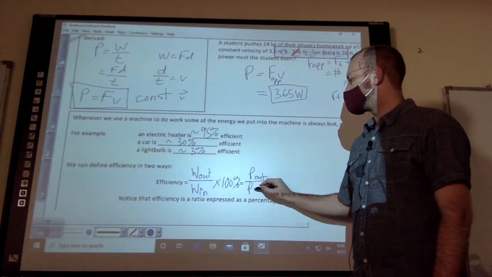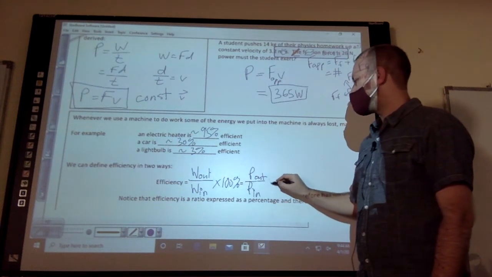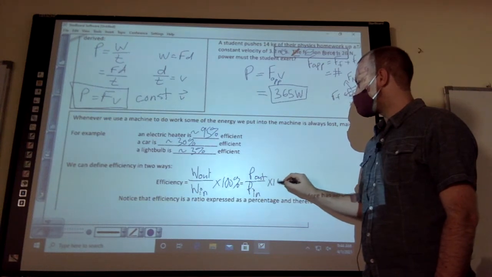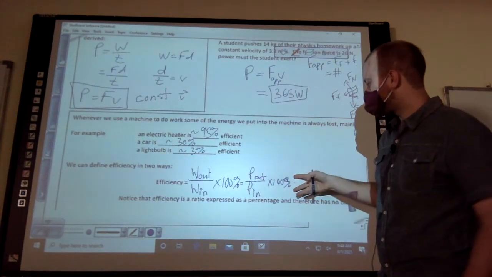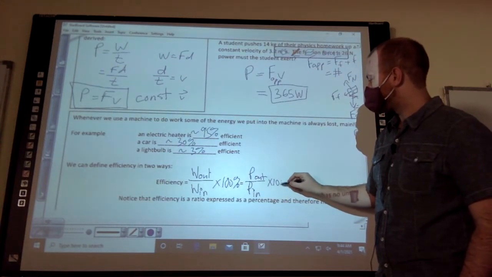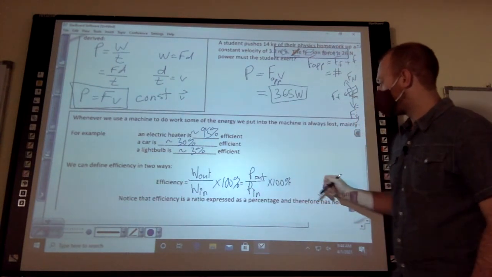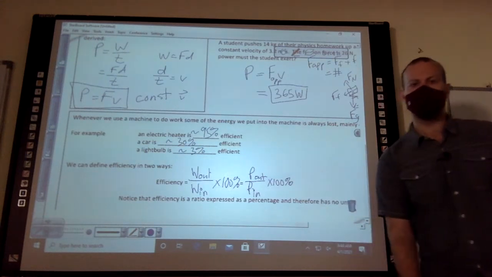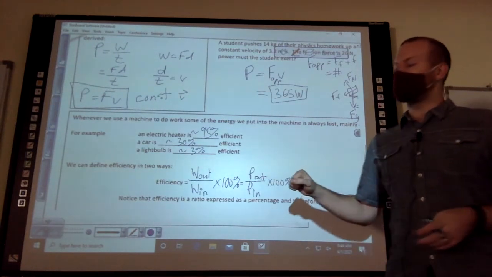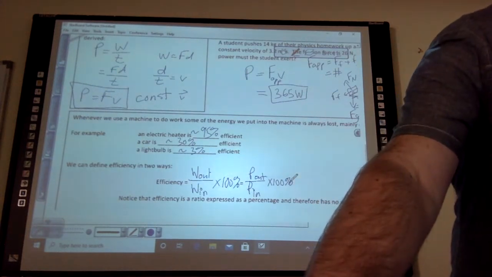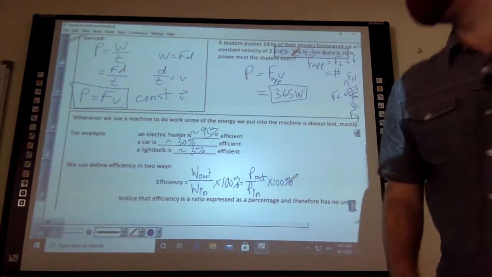So power out over power in, again times 100 to get it as a percent. You don't actually type in the percent on your calculator. So these are the two equations you can use. Depending on what you're given in the question, you can pick which one of those you want to utilize.